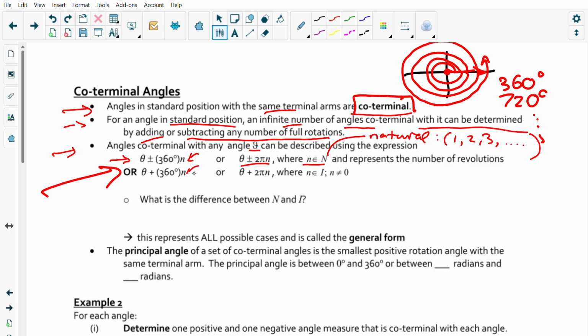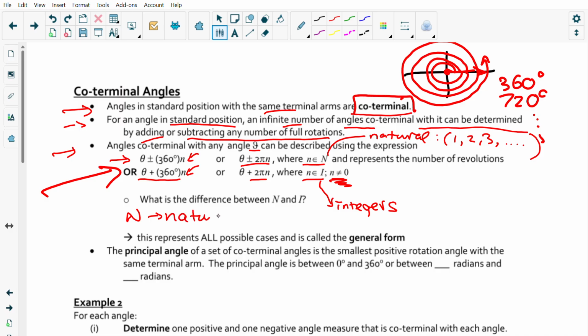Or the other way, this is Mr. Kim, I prefer this. Theta plus 360 degrees n, or theta plus 2 pi n, where n is an element of, what is I? This is integers, folks, right? Integers, where n does not equal 0, okay?